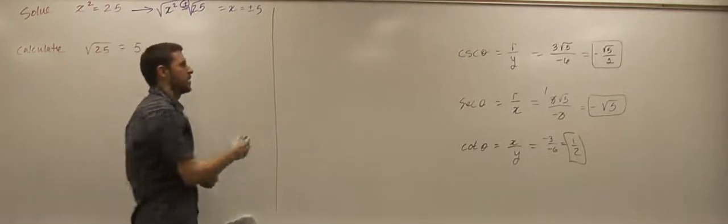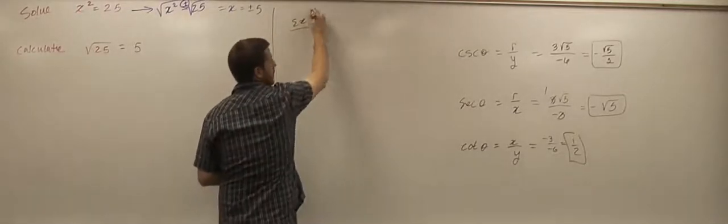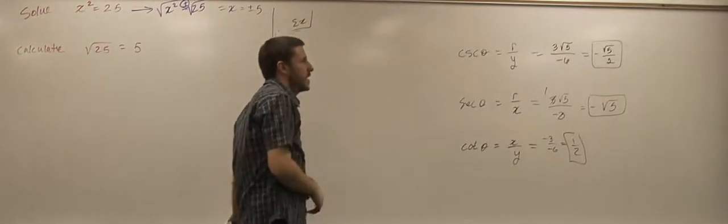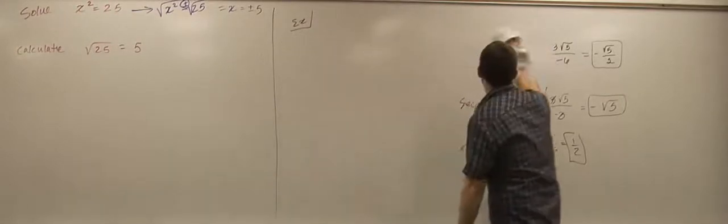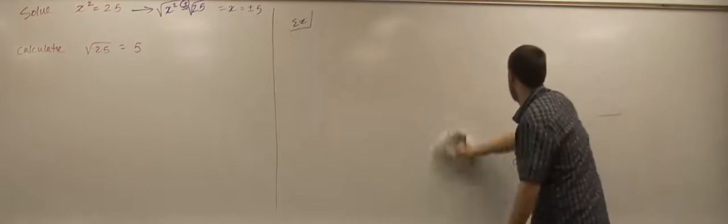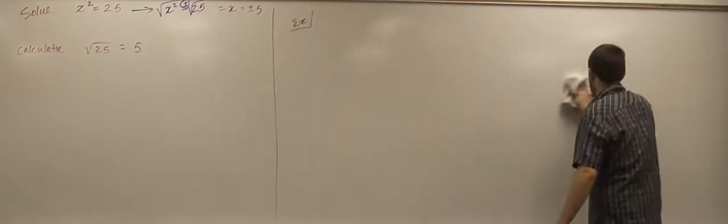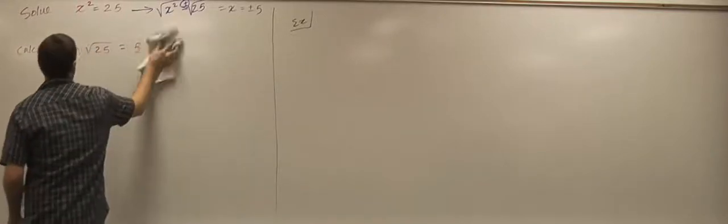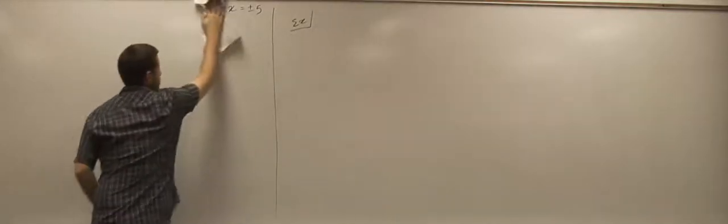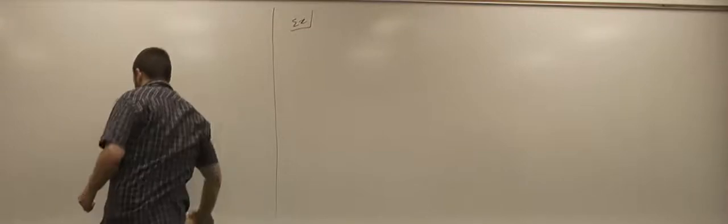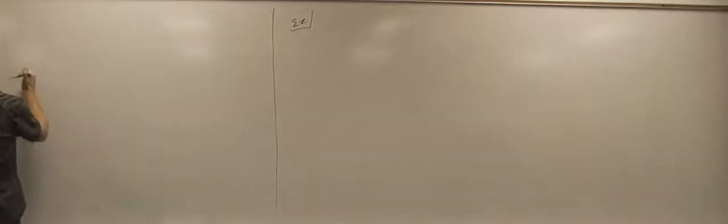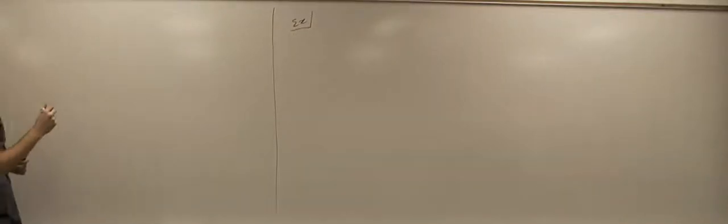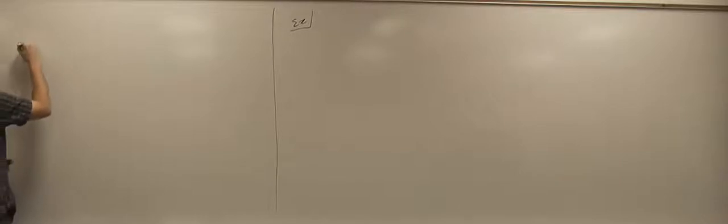So let's work through that. It says use reference angles to find the exact value of sine 4 pi over 3. What we're going to need somewhere in the back of our head to work this example is our special right triangles. Remember from last time we had a 45, let me use radians actually.